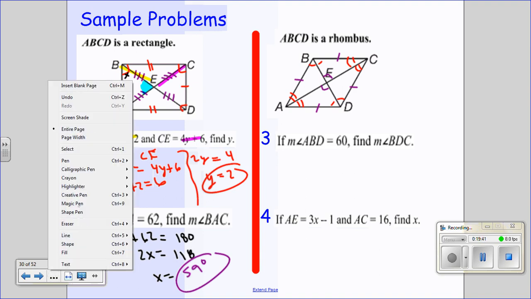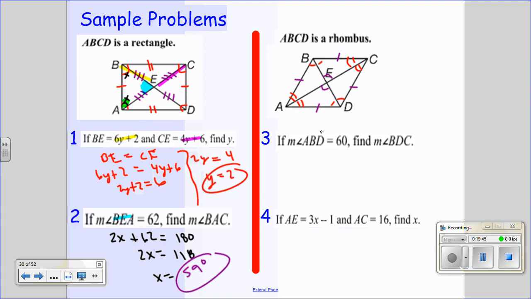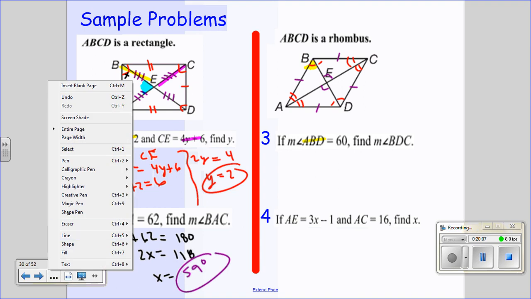So now let's highlight the information that we were referring to in this problem. So ABD, let's trace it. A to B to D is this angle in this corner on the top left. It's not the entire angle, it's just that small one. That is 60 degrees. It would like for us to find angle BDC.